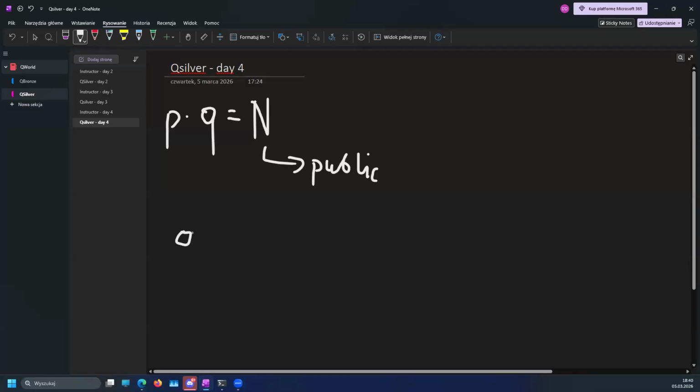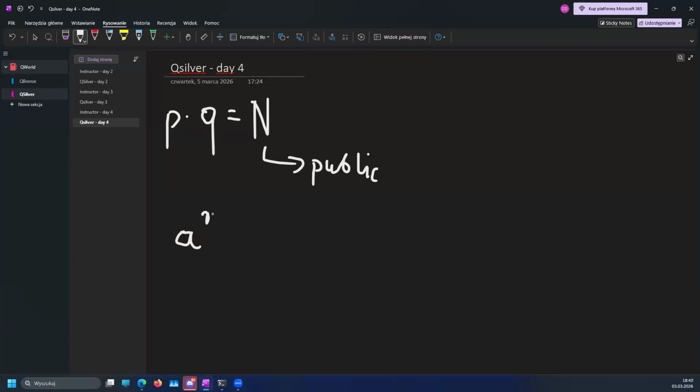Okay, maybe I will call this number a here. And let's call this exponent r. And now let's introduce this modulo n.